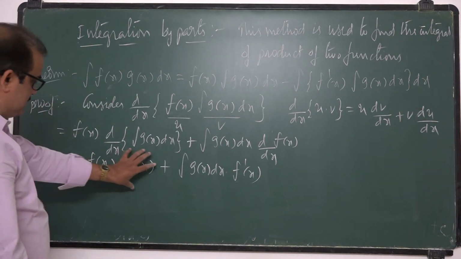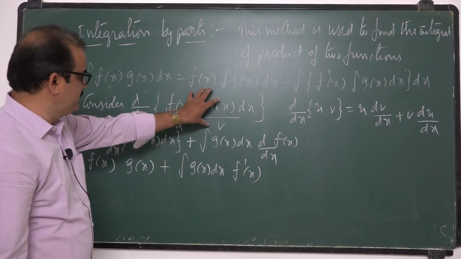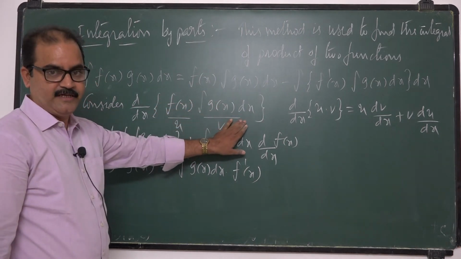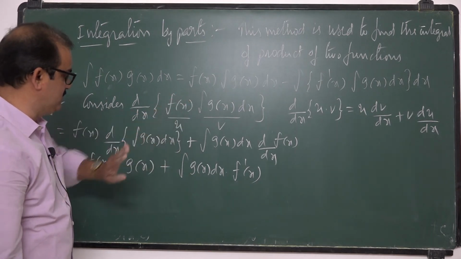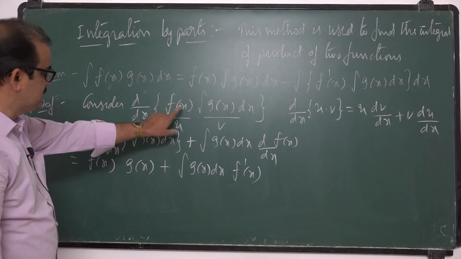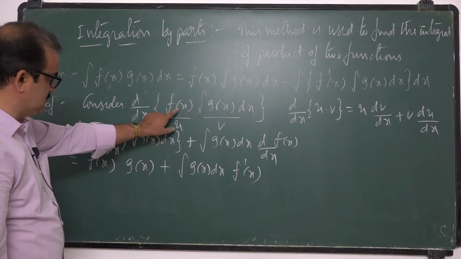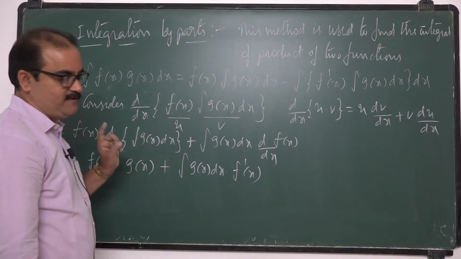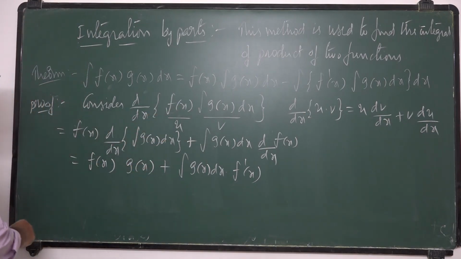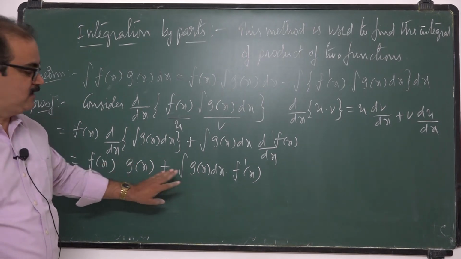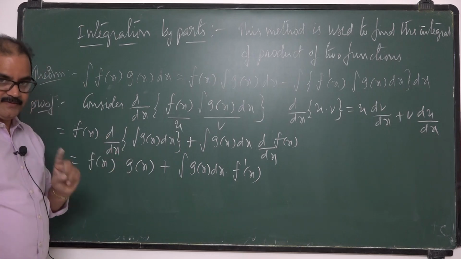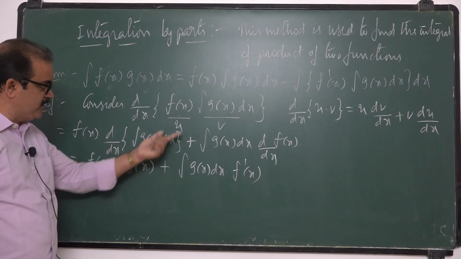Here this is the derivative of this function f of x into integral g of x dx. If this is the derivative of this function, then this is called antiderivative of this function. An antiderivative is called as integral. Again you see here, this is the derivative of this function.